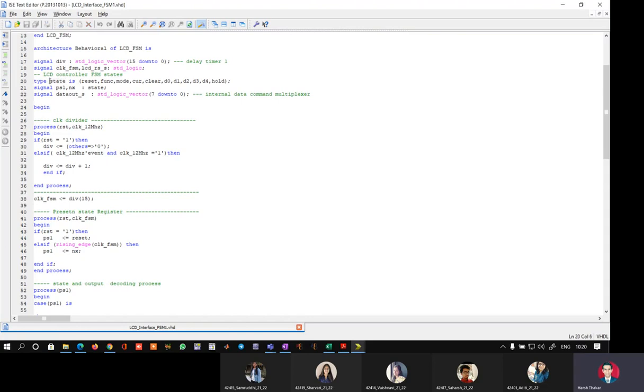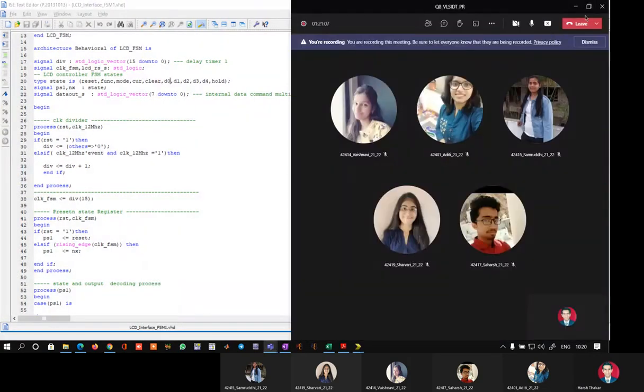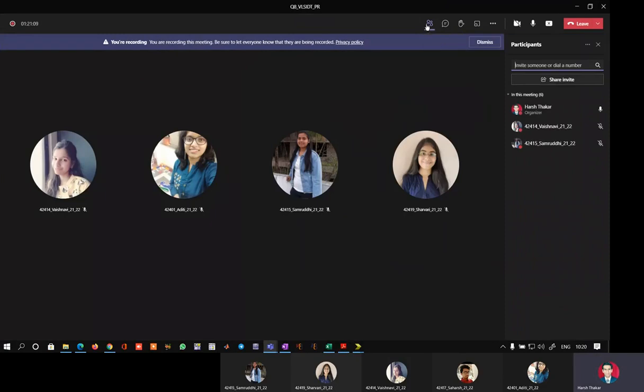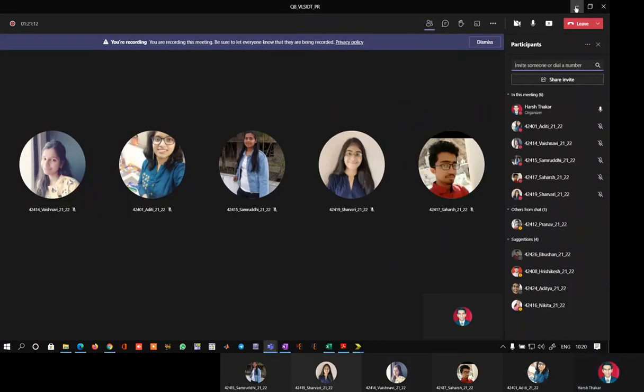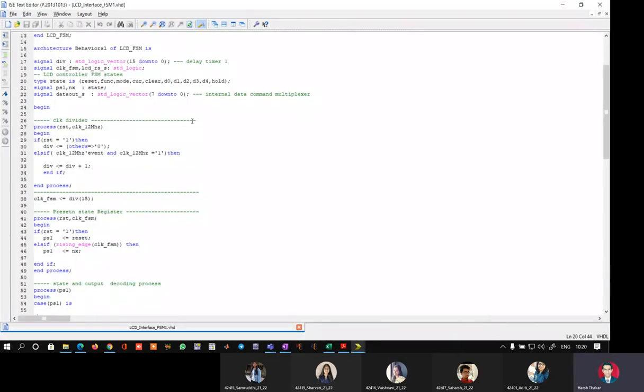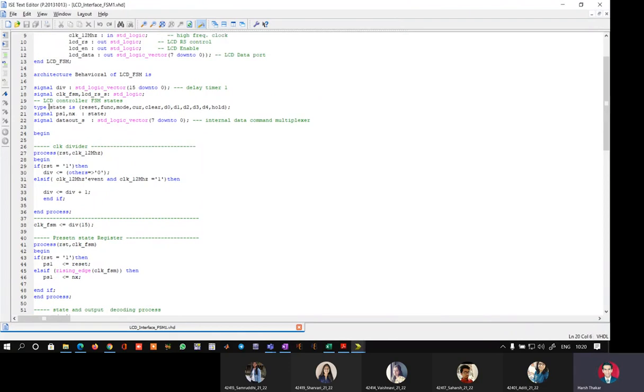This data type has the name state, and it can have these values: reset, func, mode, cur, clear, D0, D1, D2, D3, D4 and hold. So on line number 20, I am creating a new data type whose name is state, and this is the set of values which it can have.